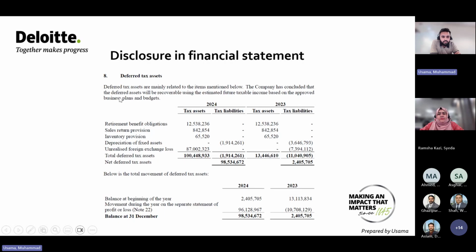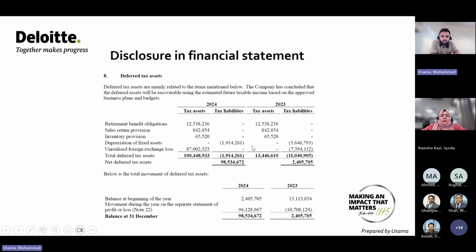You can see that we have computed deferred tax asset on retirement benefit obligation, sales tax return provision, inventory provisions, depreciation on fixed asset, and realized foreign exchange losses. We have netted off both, so we have a net deferred tax asset here, which is 98 million.